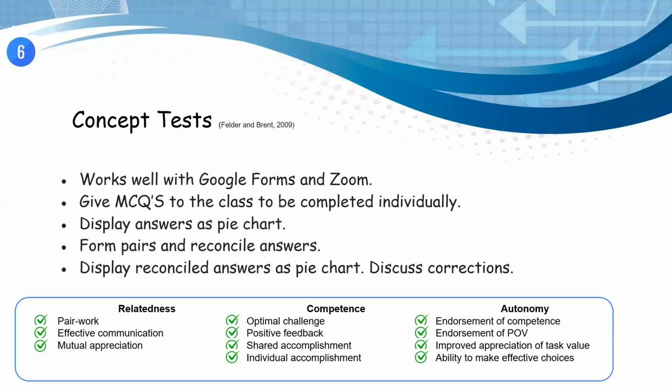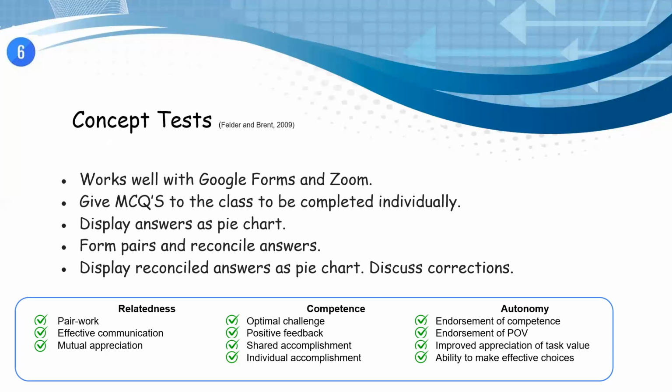It enhances relatedness through pair work, effective communication, mutual appreciation. It enhances competence through an optimal challenge, positive feedback, shared accomplishment, individual accomplishment. It enhances autonomy through an endorsement of competence, an endorsement of their point of view, improved appreciation of the task value, and the ability to make effective choices.